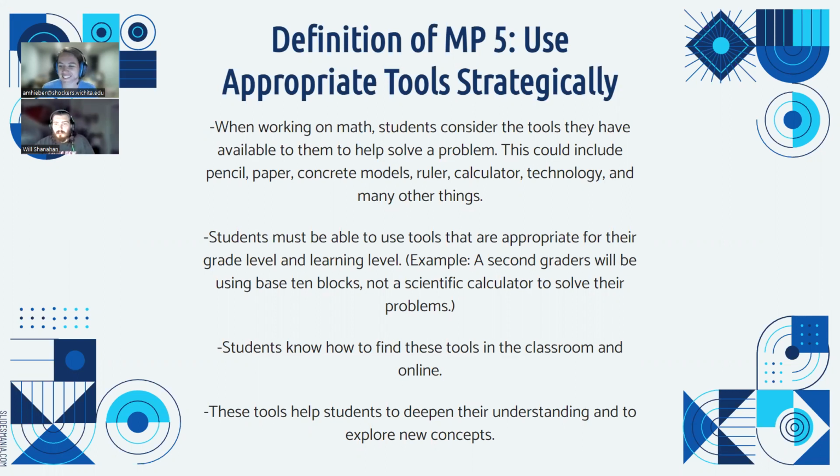Students must be able to use tools that are appropriate for their grade level and learning level. For example, a second grader will not use graphing or a scientific calculator to solve problems. They will use base 10 blocks. Students need to know how to find these tools in the classroom and online. These tools help students deepen their understanding and explore new concepts in math.